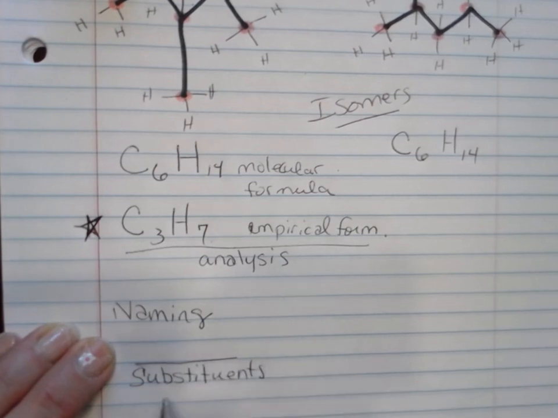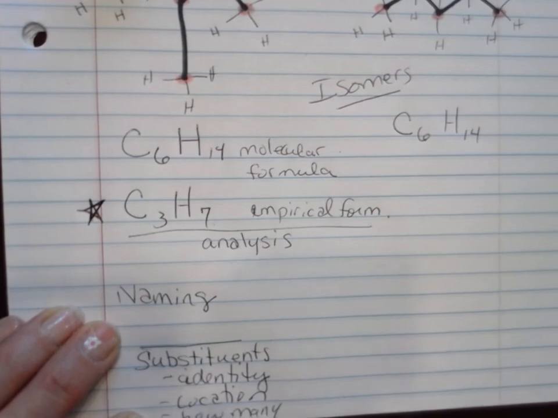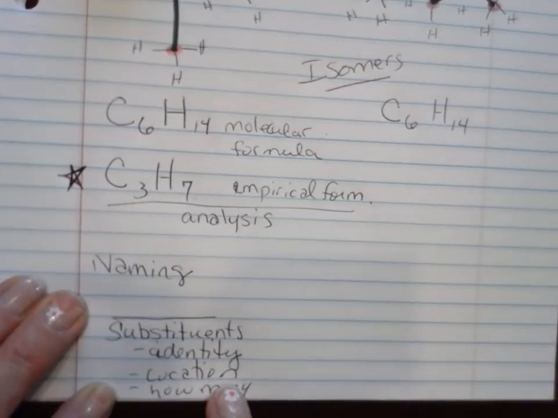We need to know what they are, their identity, and their location, and how many we have. So part of our name is going to be telling us what the substituents are, where they're located, and how many.